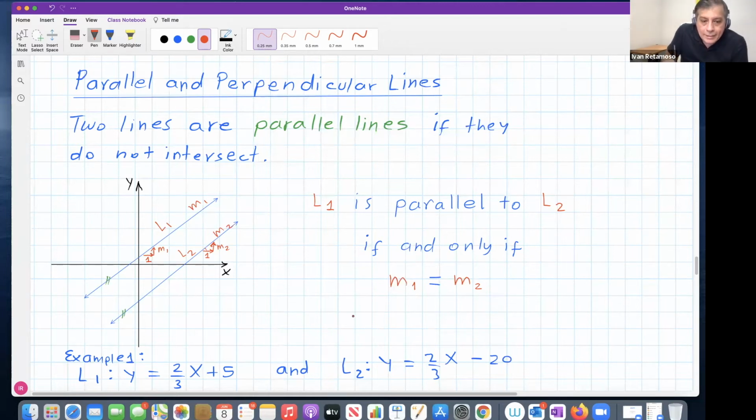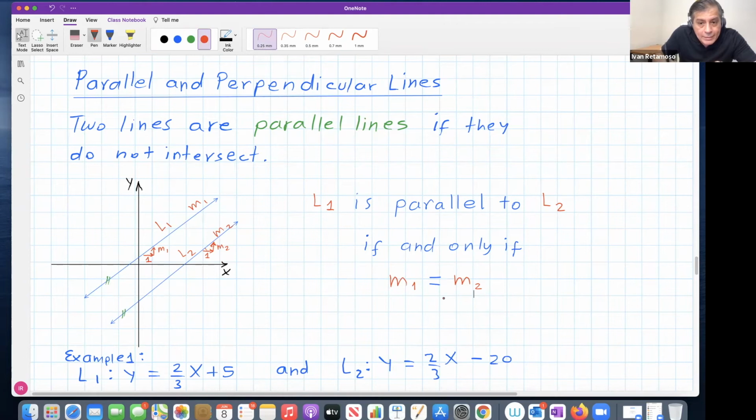And Professor, what's the big deal of this equivalence? Well, notice, guys, let's say you are programming and you want to create some program to determine that two lines are parallel in a computer, right? Computers cannot draw lines, right? But they are good at comparing numbers. So what you can do is figure out the slope of one line, the slope of the other line, and then compare them, right?